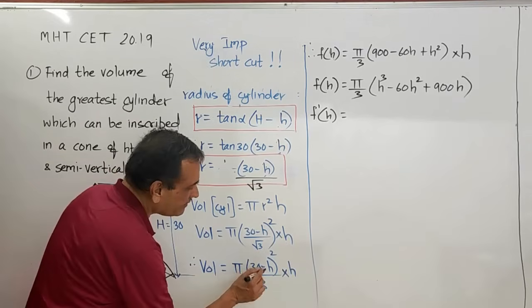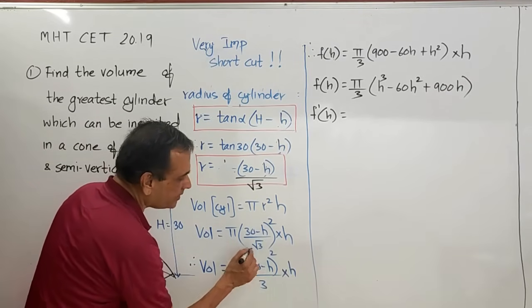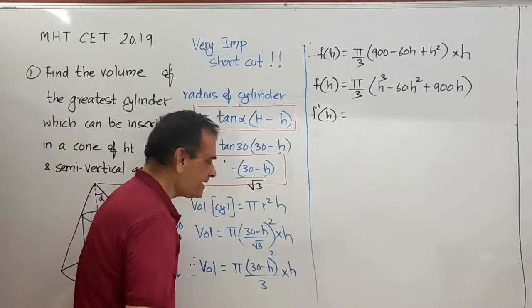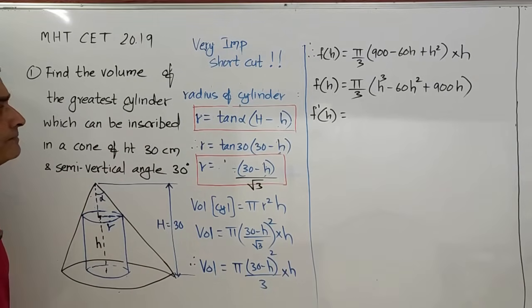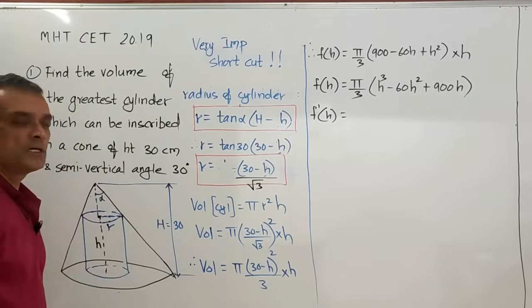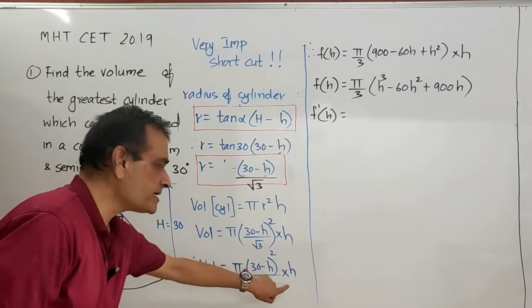Pi into (30 minus h) bracket squared upon root 3 squared, which is 3, into h. Let us just simplify. समझ में आया क्या किया है? Using this important shortcut formula, I directly get R. Substitute the value of R in this volume of cylinder to get this equation.